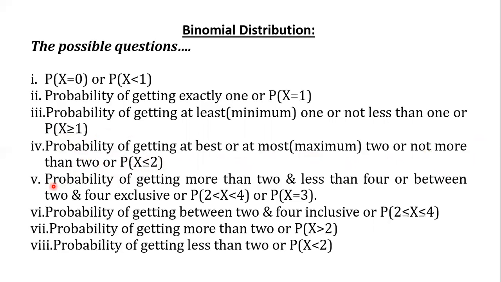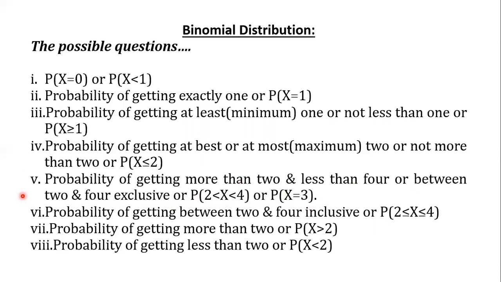Roman 5, the probability of getting more than 2 and less than 4, or between 2 and 4 exclusive, or P(2 < X < 4), or P(X = 3).